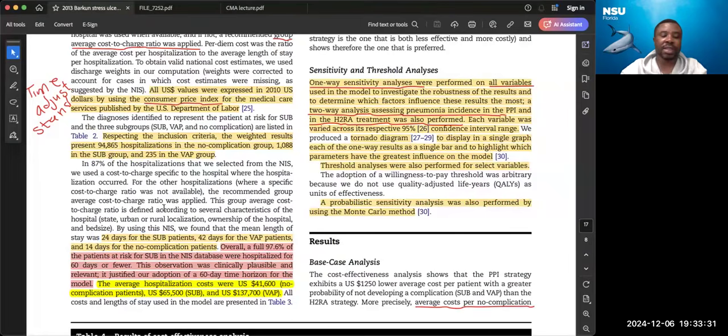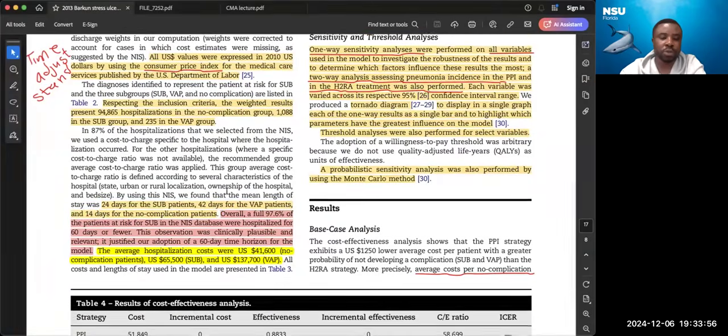They saw that those with stress ulcer, they averagely spend about 24 days in the hospital. Those with the VAP spend an average of 42 days in the hospital. And then those with no complication, so in these patients, they've received the prophylactic agent and they are doing well, they spent an average of 14 days in the hospital.